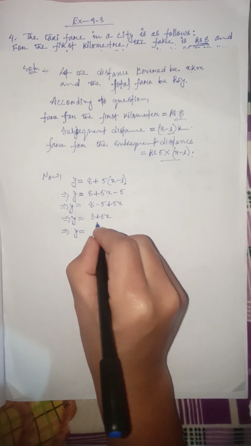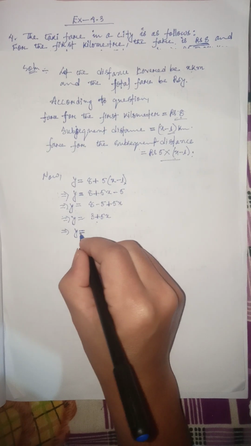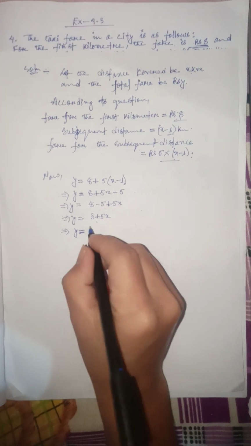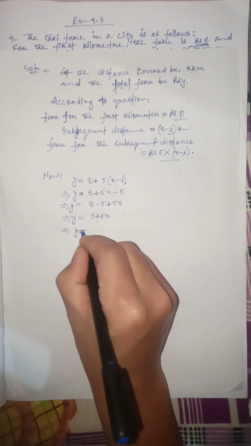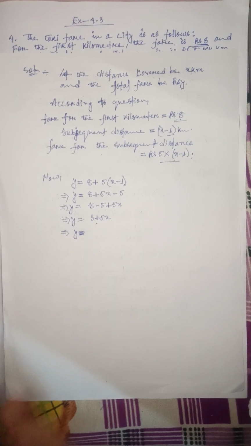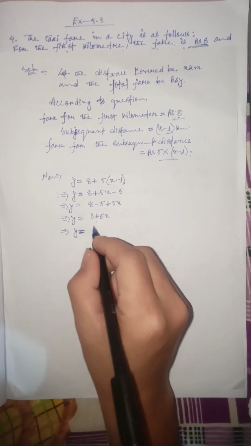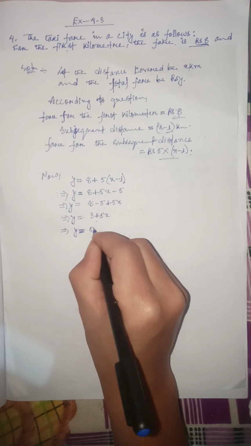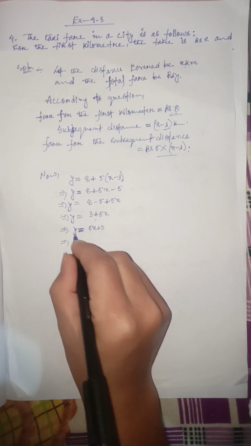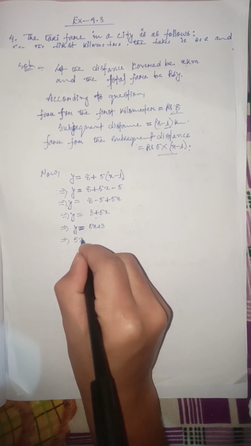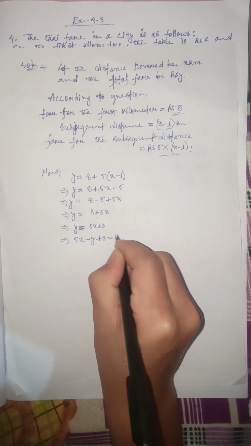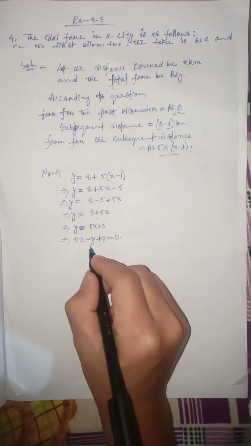This equation will be used for finding values of x as well as y, but to form a linear equation in two variables, let us extend it a little bit more. If you move this y to the other side, it will be 5x minus y plus 3 equals 0. This is the required equation.